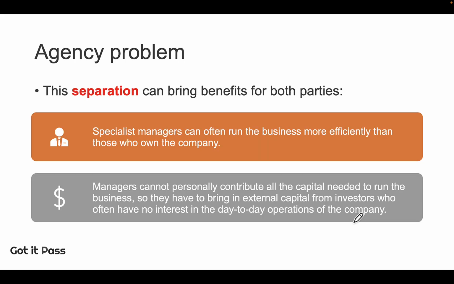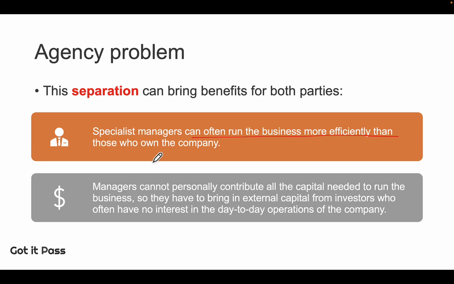And the separation has some benefits. You have the small owners and you have the managers. The first benefit is that managers, because they are specialists, can often run the business more efficiently than those who own the company. It's very clear for a listed company.